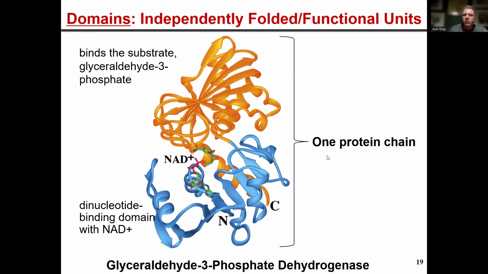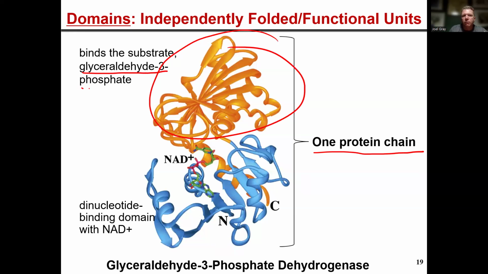For example, here is one polypeptide, one protein chain. Highlighted in orange is a portion of the protein that binds the substrate glyceraldehyde 3-phosphate. That is a key molecule in glycolysis. Then here's another part of the exact same polypeptide, and it is a dinucleotide binding domain.